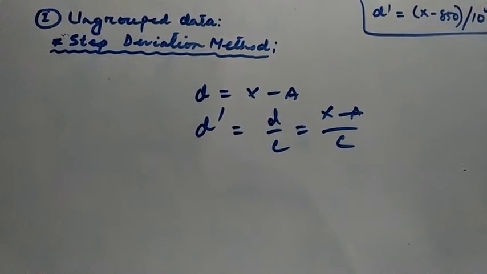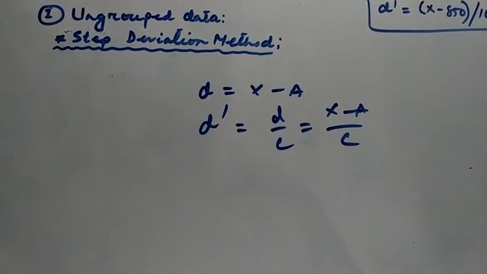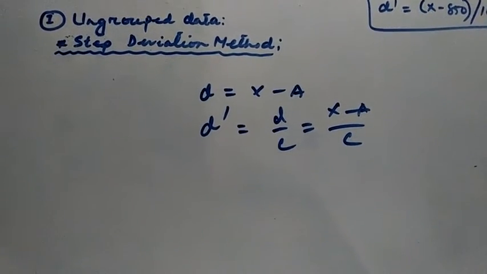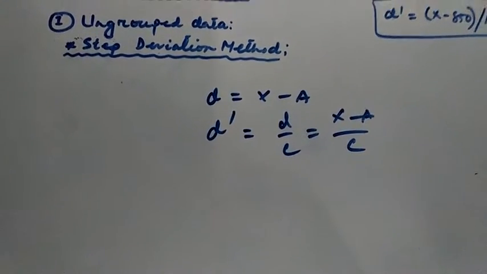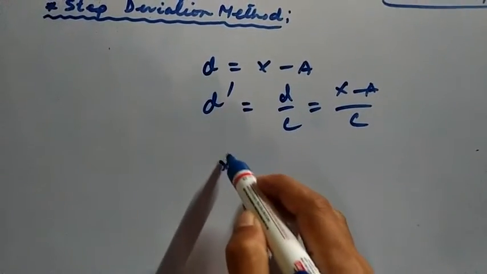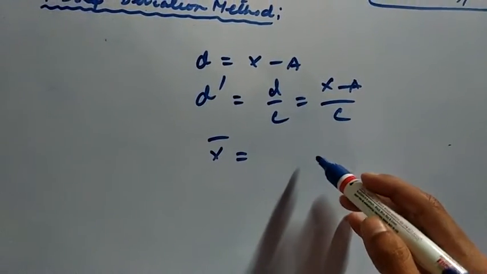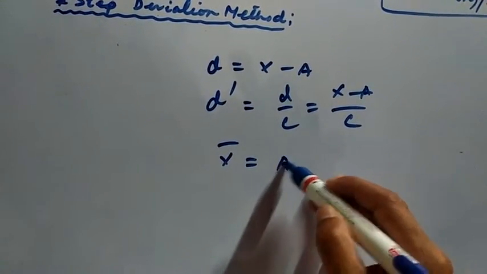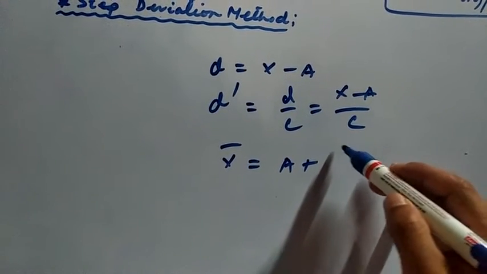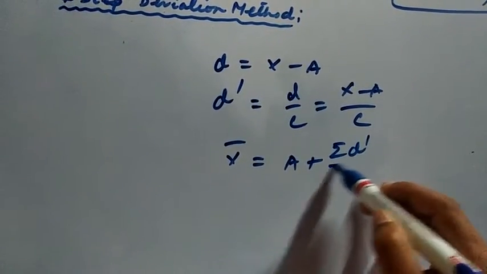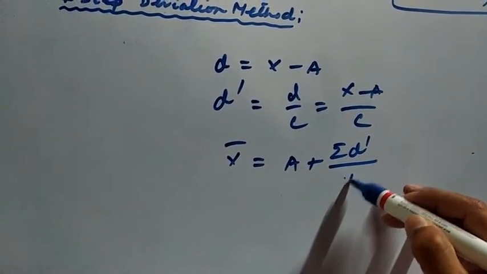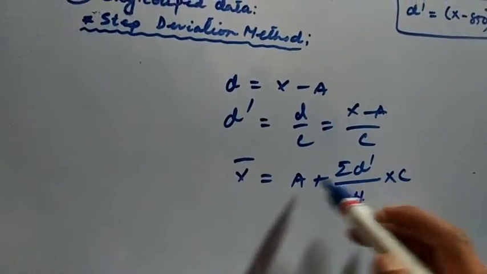If you want to make it simpler, we use this step deviation method. The formula is given here: X bar equals A, the assumed mean, plus summation d dash divided by n, into the common factor.